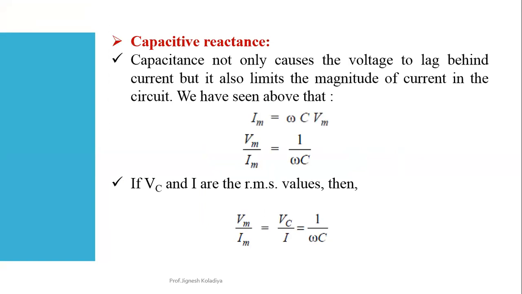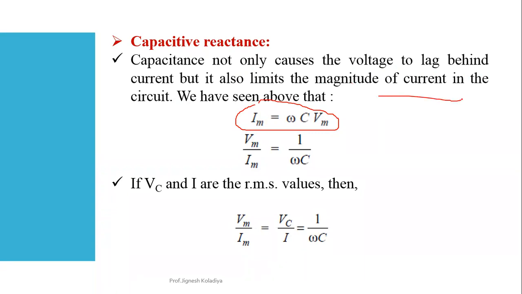Just like the inductor, here we have capacitive reactance, omega C, because we are getting Im equal to omega C into Vm. So capacitance not only causes the voltage to lag behind current, but just like inductive reactance, it also limits the magnitude of current.